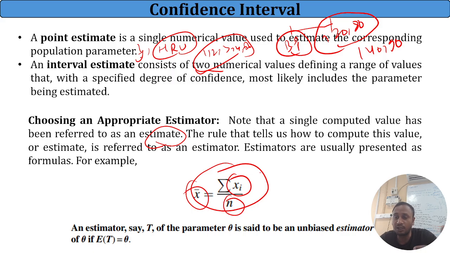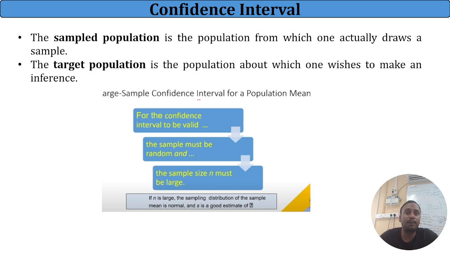Similarly, for the sample mean, we can calculate z as x minus mu over sigma upon root n. Similarly it can go. So it's an estimator. For a sample population, I already told you, it is actually drawn from a sample.